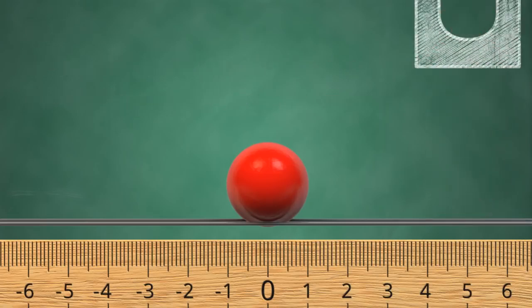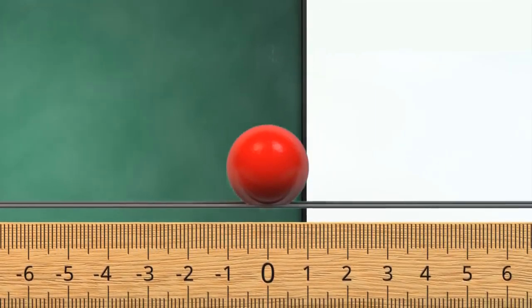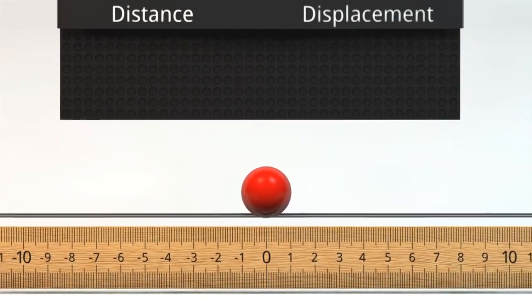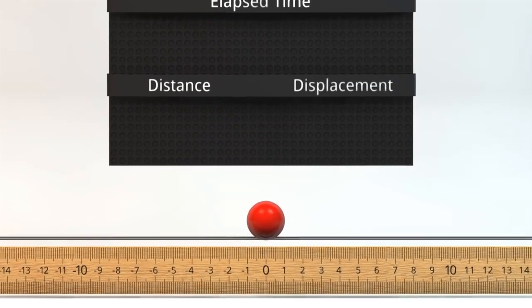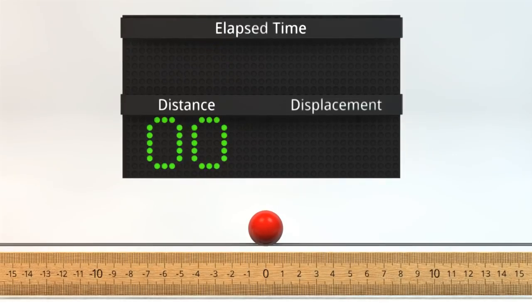But what about if we want to move the original red ball to a new position? To do this, we'll have to talk about a few new ideas. Distance tells us how much ground the ball has covered since it started moving.